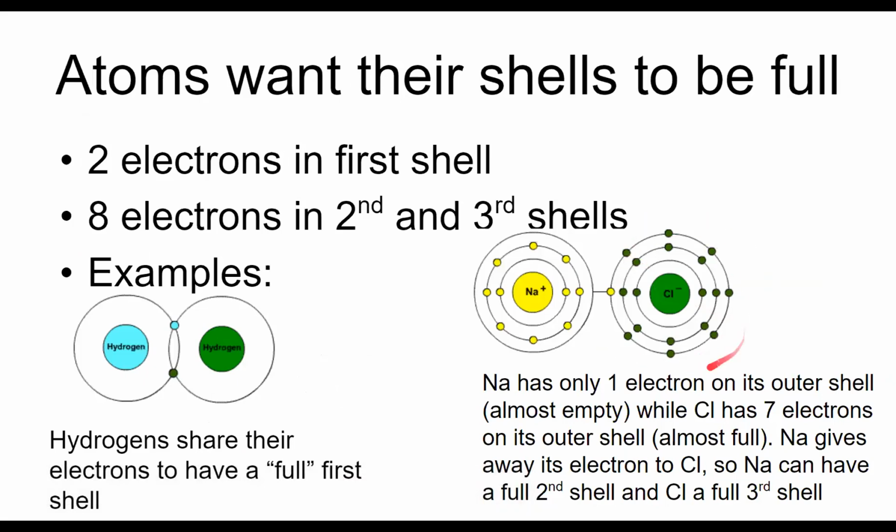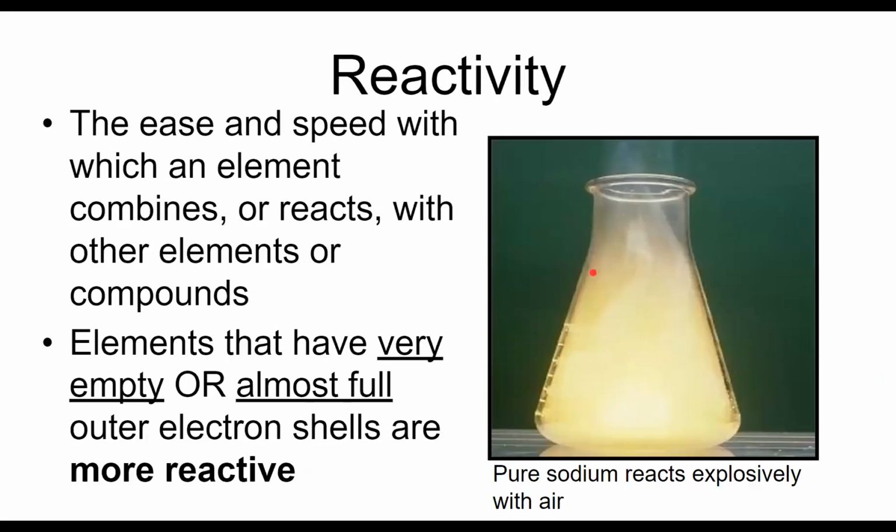Chlorine has a very full outer shell. It's only missing that 1 electron to make it a full 8 on the outside. This makes them more reactive because it's very, very easy for them to either donate their electron or take in a new electron and go through a chemical reaction that way.